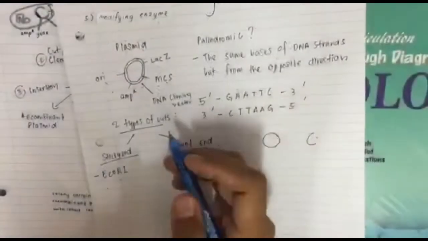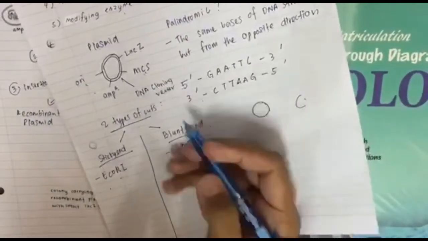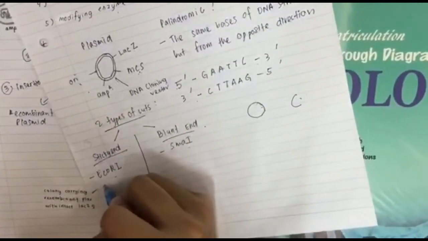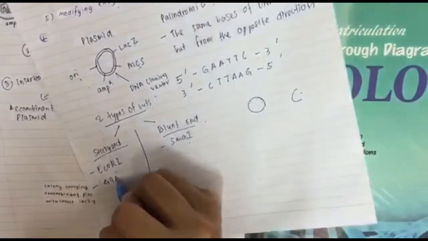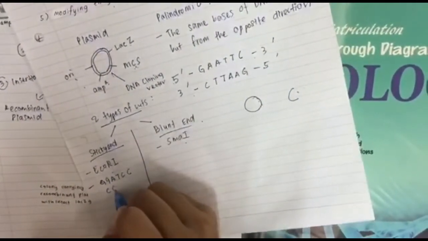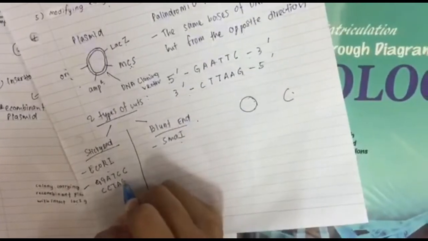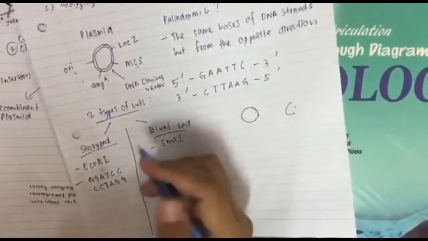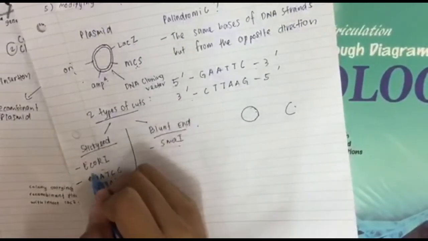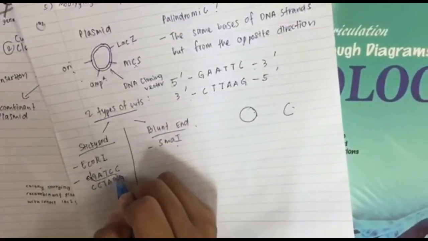For the sticky end, the DNA bases will be GGATCC, CCTAGG. So the way that we cut for the sticky end is from here to here.